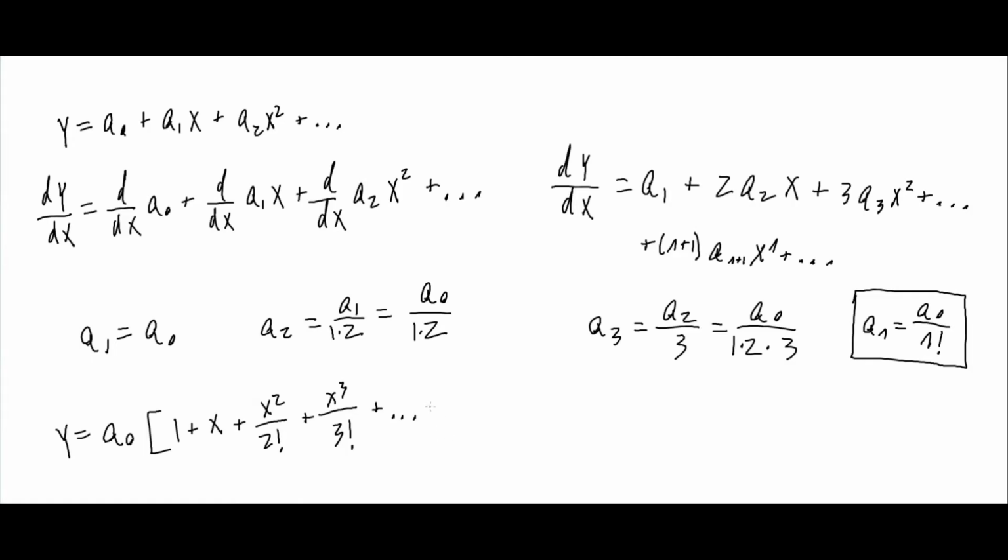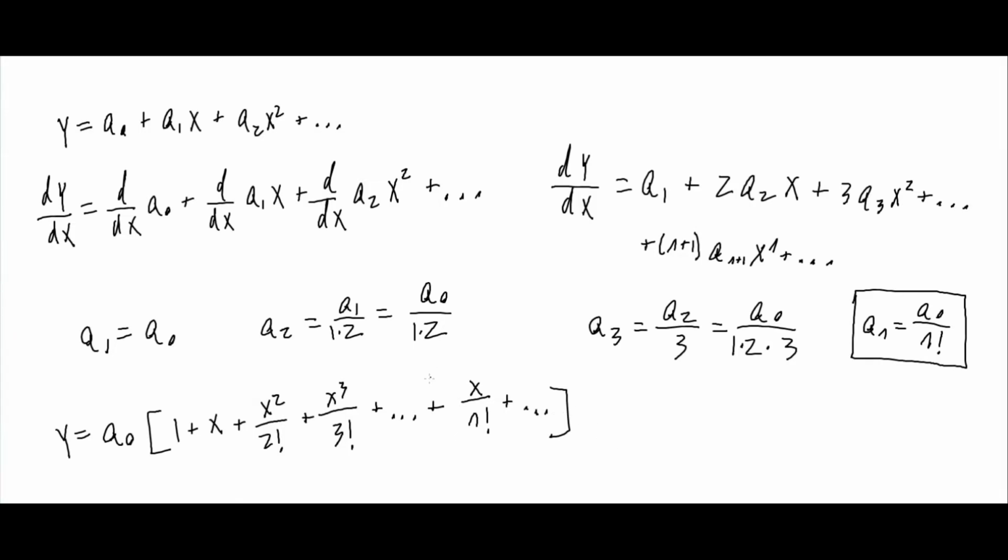Or to make it a little bit more explicit, we could have x to the n over n factorial plus, going to infinity, where this a naught is factored out. This a naught here is factored out, but that would just get distributed to everything along here. And this is something that you may recognize.